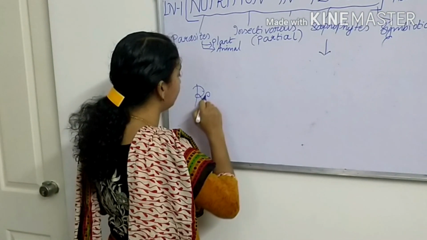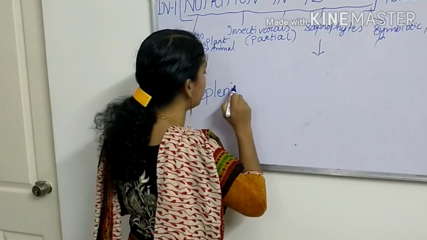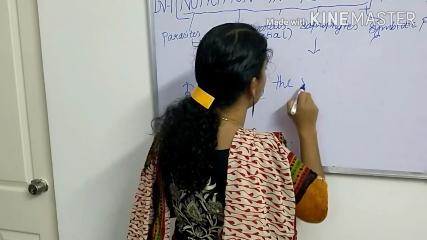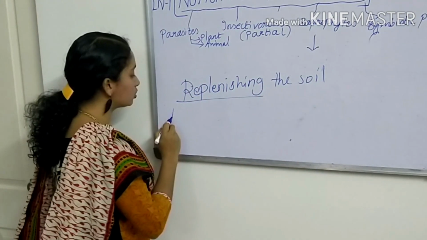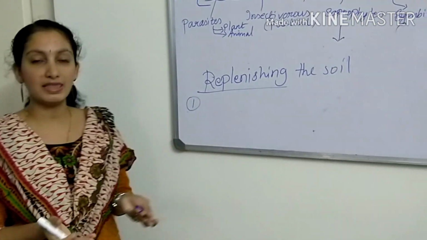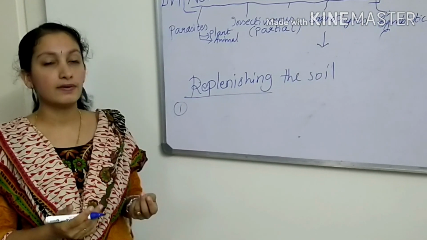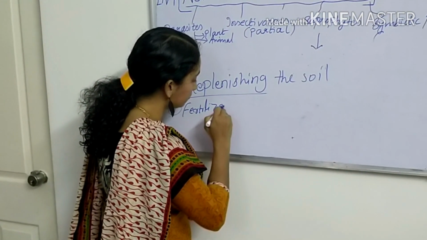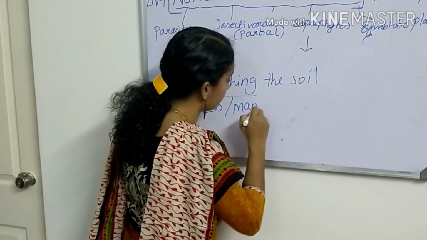So how can we do this replenishing of the soil? It is done by 2 mechanisms or 2 methods. One is by supplying fertilizers or manures.